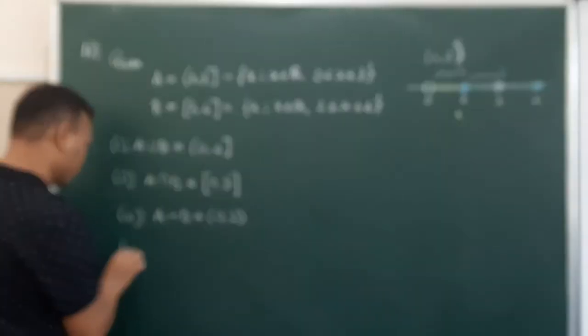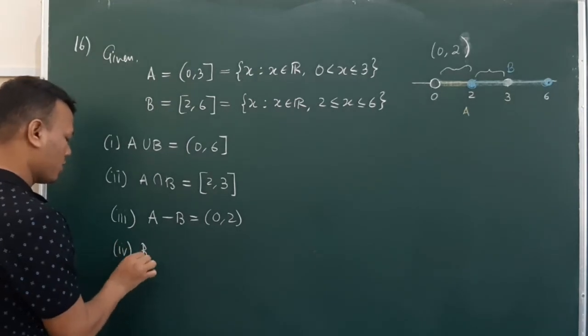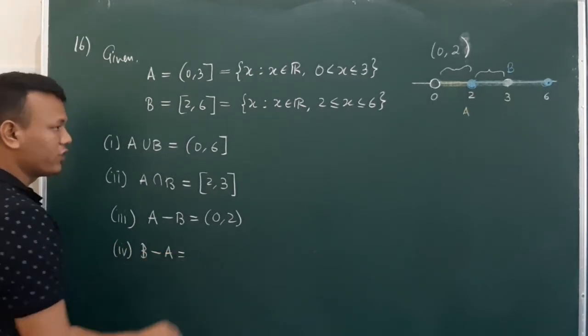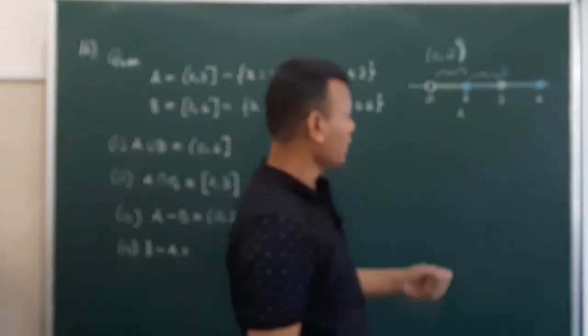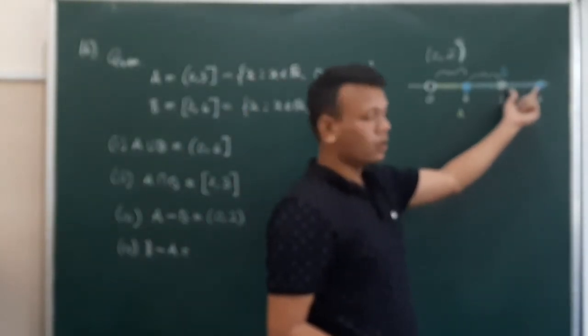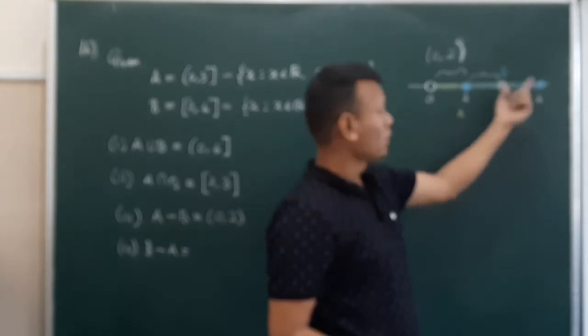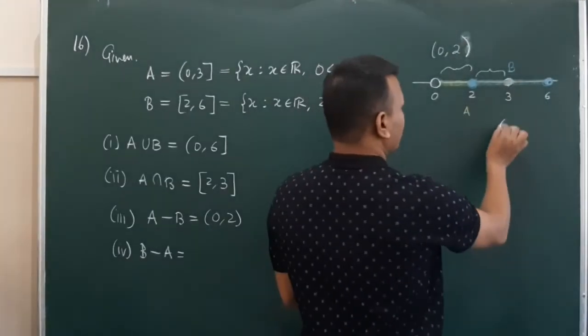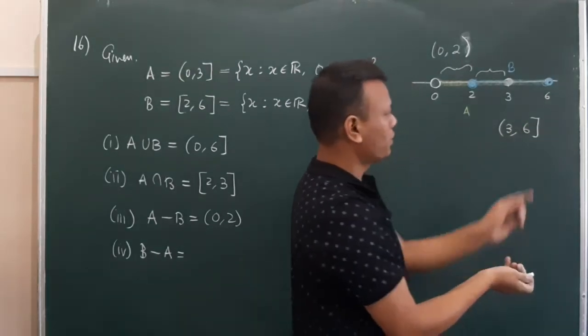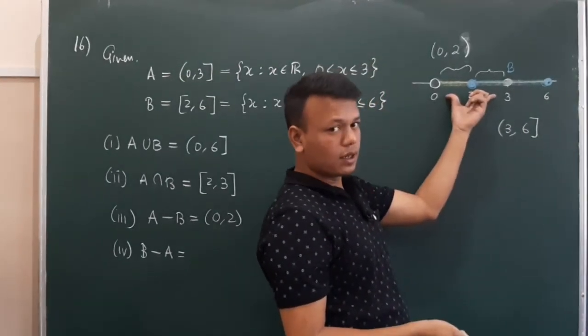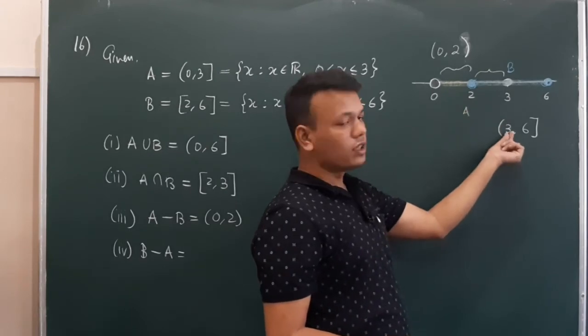Okay, and the last one is B minus A. B minus A means elements of B which are not in A. These are the elements of B which are not in A. Again, 3 has to be excluded, and 6 is already not present in A. Why am I excluding 3?